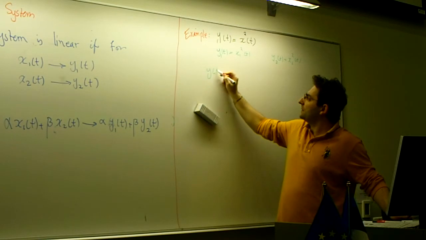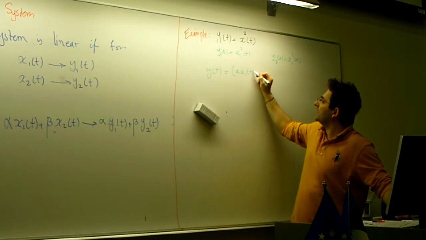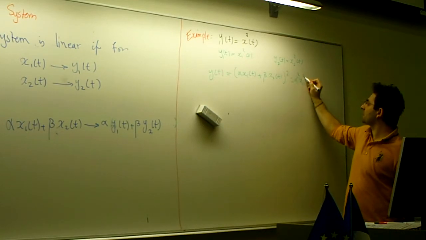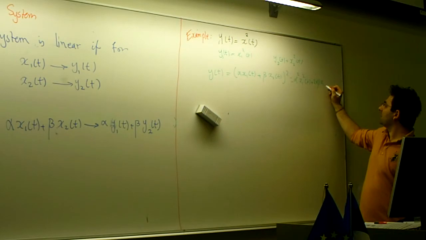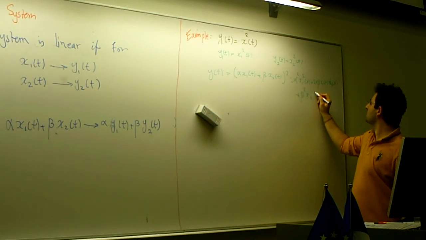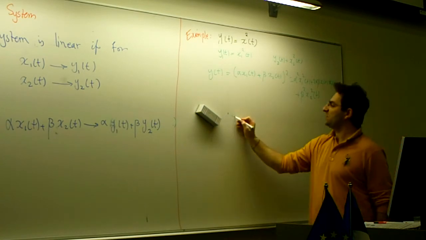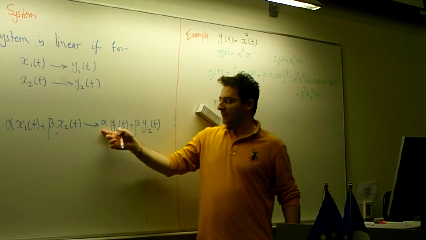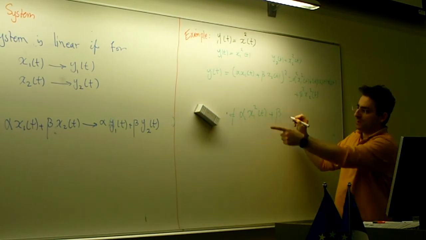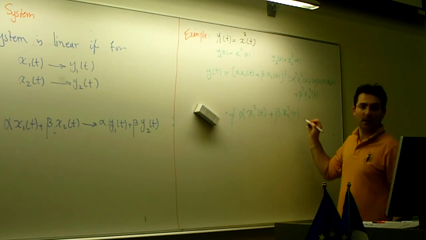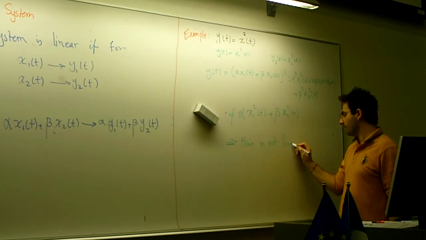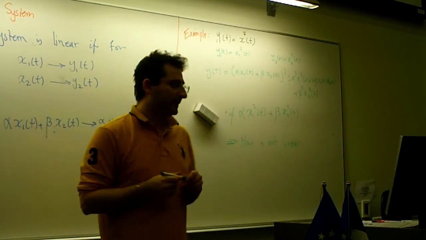Now y(t) is (alpha x1(t) plus beta x2(t)) squared, which is alpha squared x1 squared(t) plus 2 alpha beta x1(t) x2(t) plus beta squared x2 squared(t), which is not what it's supposed to be: alpha y1, which is alpha x1 squared(t), plus beta y2, which is beta x2 squared(t). So as a conclusion, this is not linear.